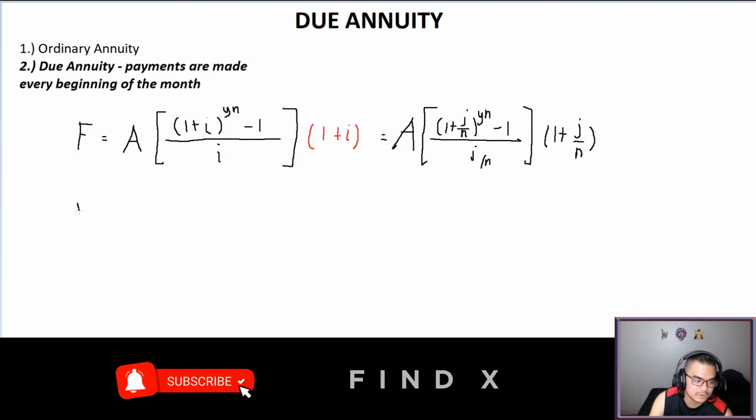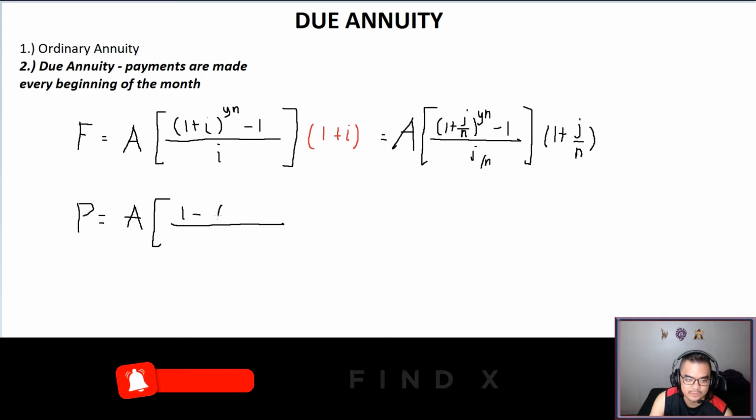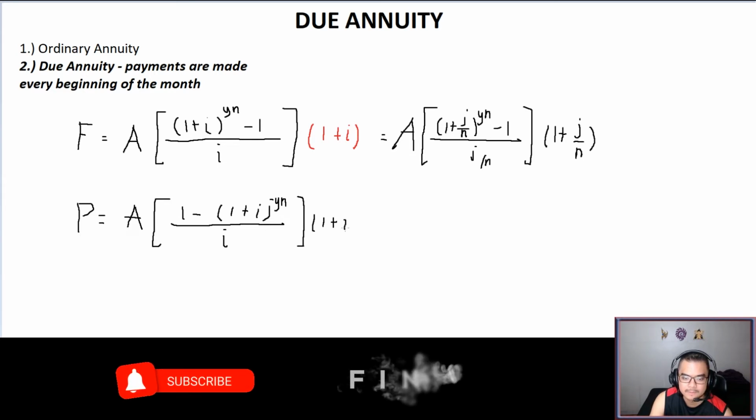Going to the formula of present worth, this is also just the same. All you have to do is just add that factor. So for the present, you have P equals A times 1 minus (1 plus i) raised to negative yn, all over i. And again, adding that factor, we have 1 plus i.